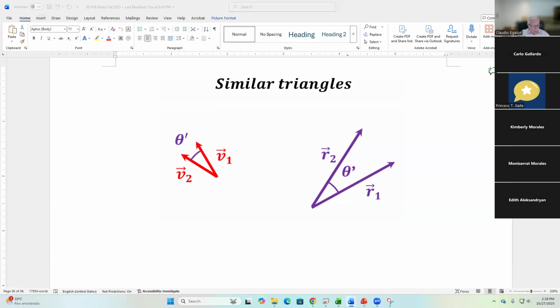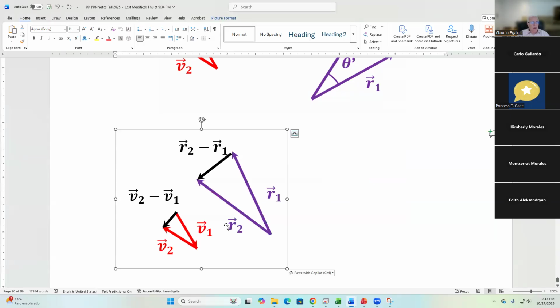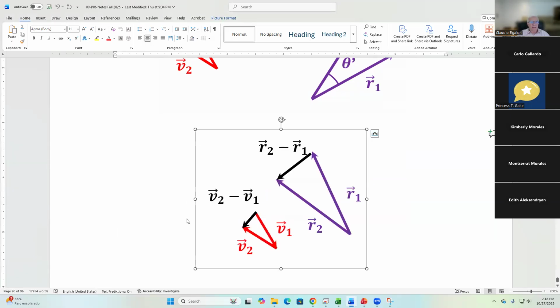Here you go. I'm going to put those two triangles next to each other, right? And let's not forget that what you see right in here is the final velocity V2 minus the initial velocity V1. Similarly, we have the final position R2 minus the initial position R1.